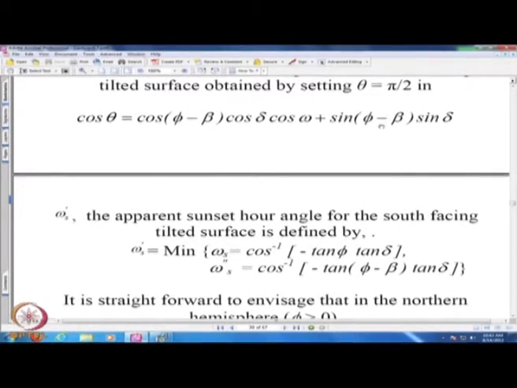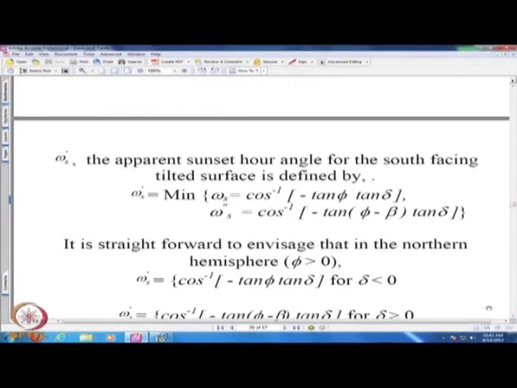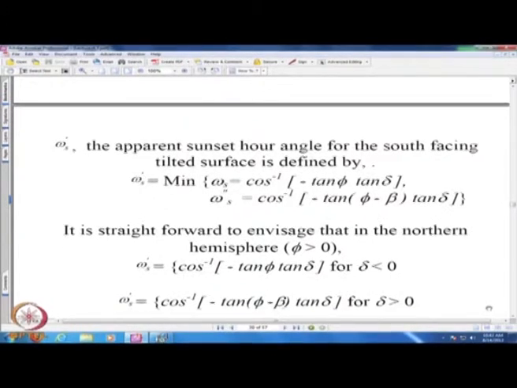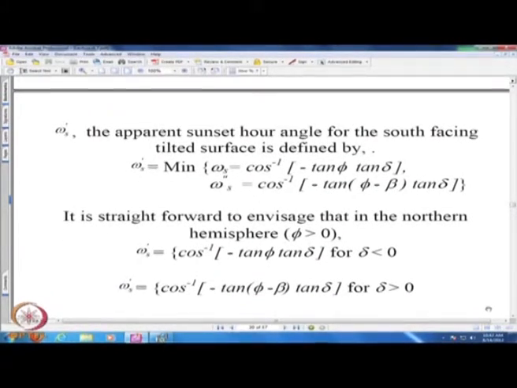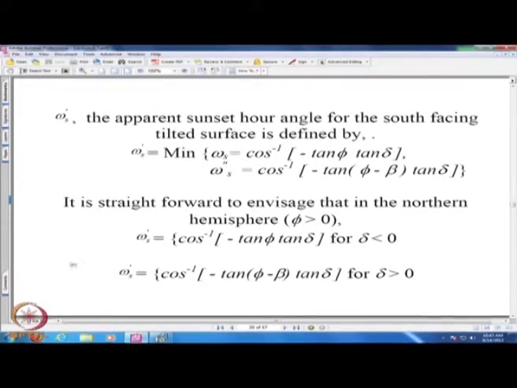Otherwise, mathematically you will get a cos inverse of minus tan phi minus beta tan delta, which may be a larger number or a smaller number than omega s, and the surface cannot receive the radiation beyond which the sun is not shining. So, now you can use a little bit of trigonometry, with delta being negative or positive, phi minus beta being positive or negative, and it always turns out that your omega S dashed is given by the simple sunset hour angle for negative delta and by the sunset hour angle of the tilted surface for positive delta.